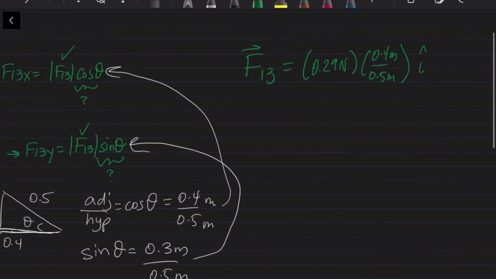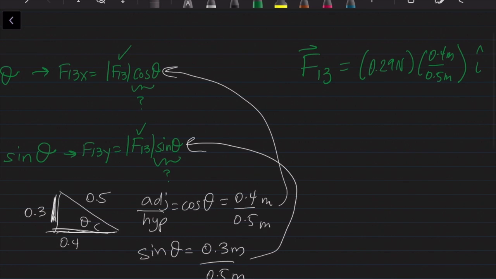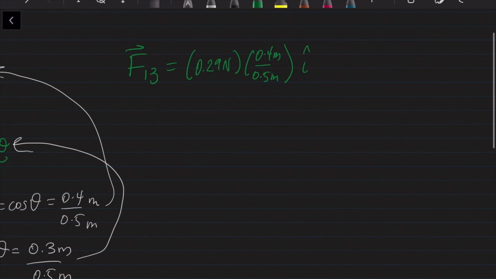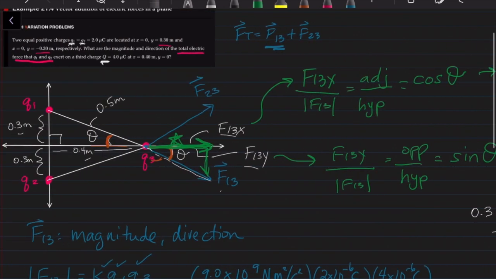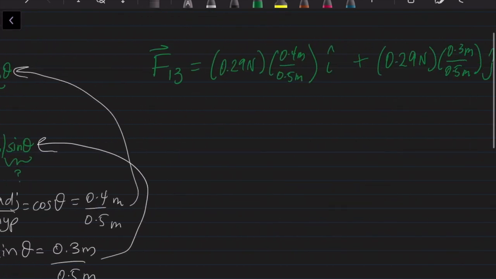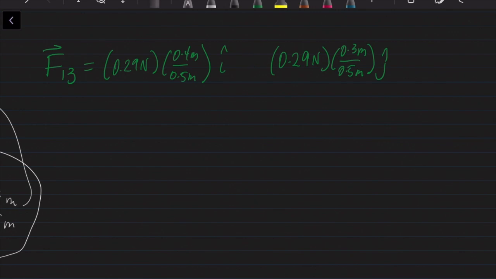All right, what about the y? The magnitude of the y is F13 magnitude times sine theta, which is 0.3 over 0.5. So 0.29 times 0.3 meters over 0.5 meters in the j hat direction. Well, is it in the j hat? No, actually, it's in the minus j hat, right? It's pointing down. The y component is pointing down, so it's in the minus j hat direction.